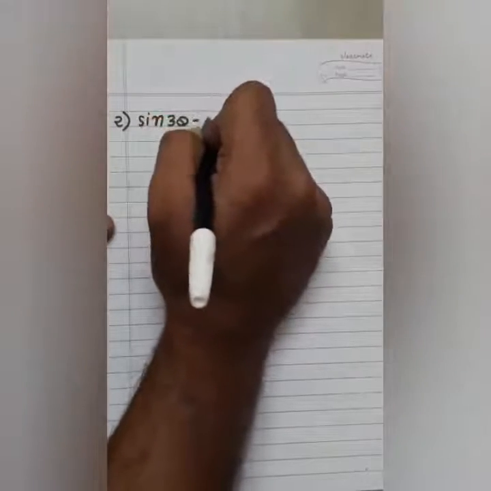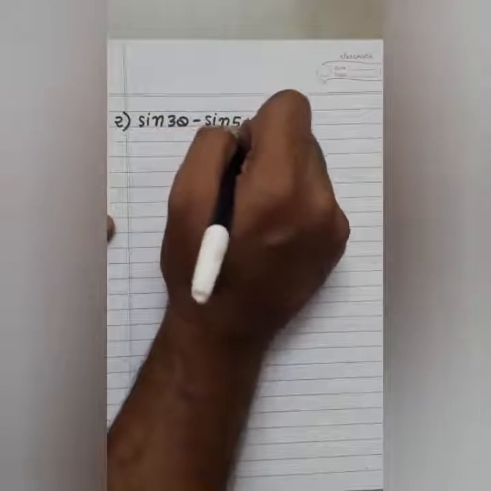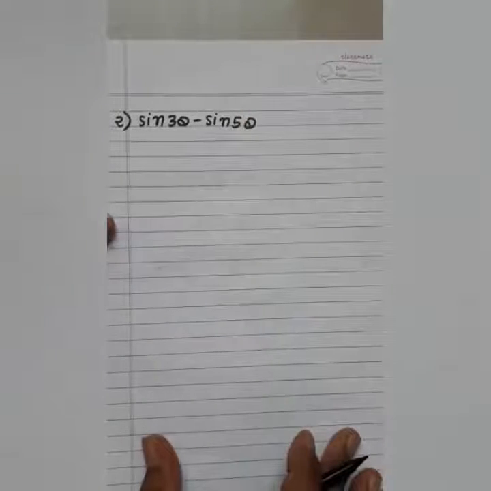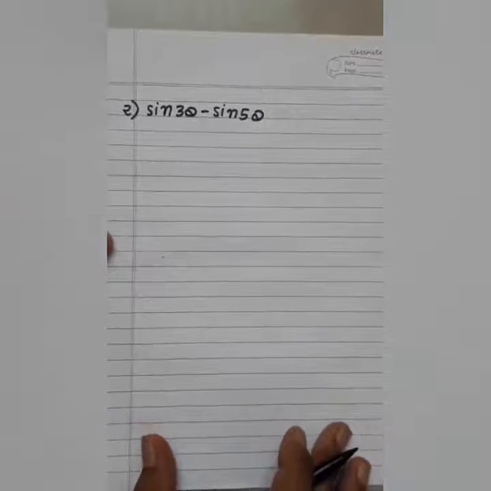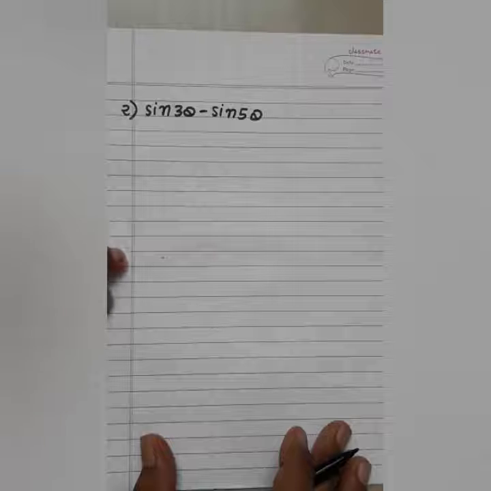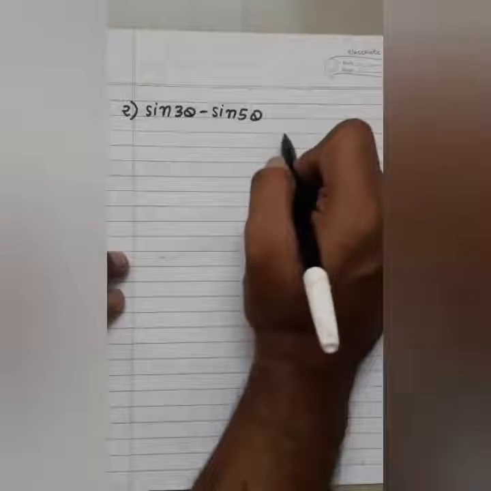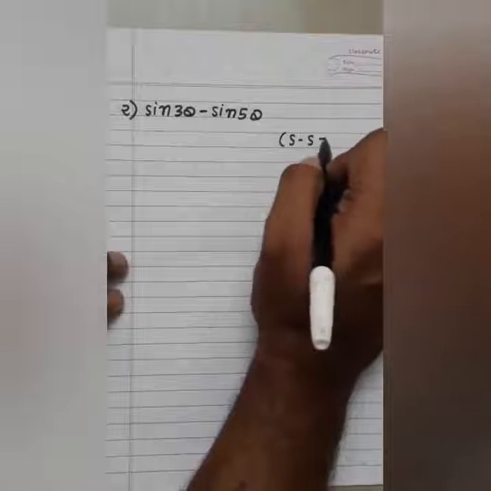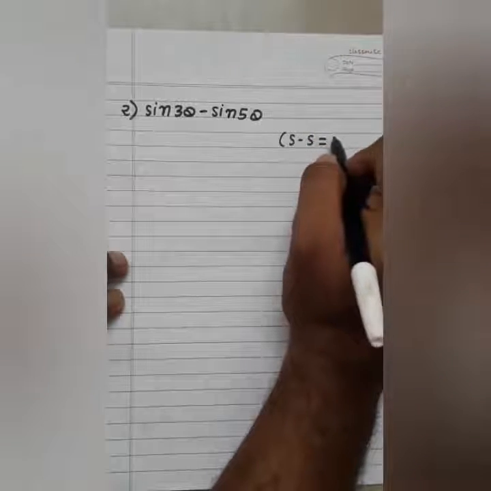Next question. Sine 3 theta minus sine 5 theta. First of all decide which formula to use. Sin minus sin form is present, and sin minus sin means the 2cs formula.